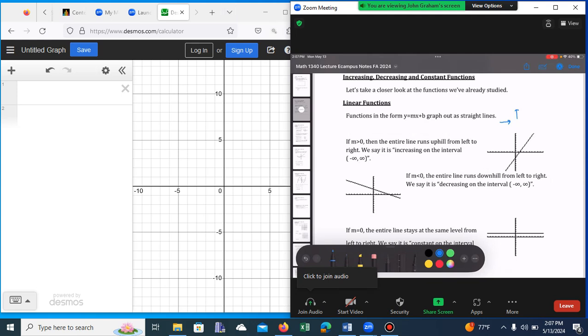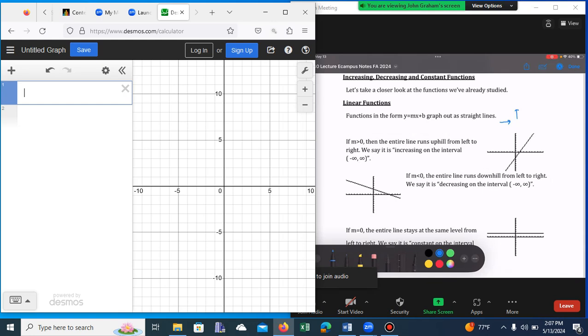Right, so with that, if we have a linear function, so let's say f of x equals 2x plus 5, we see it's increasing. The 2 there is what causes it to increase. When that number is greater than 0, it's increasing. If we make that 2 negative, it's decreasing.